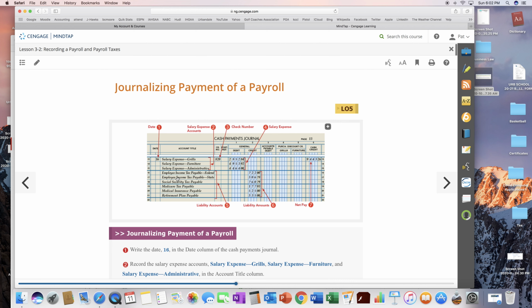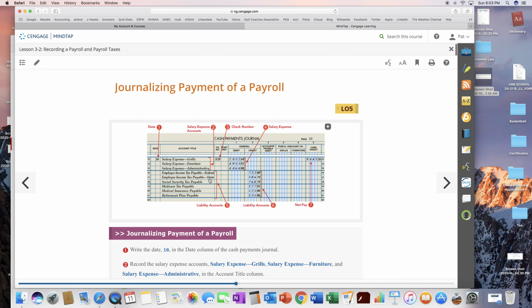We have all these different taxes: employee income tax payable federal, employee income tax payable state. The federal employee income tax is when you look up the married, single charts with the allowances. So that's what's going to be called employee income tax payable federal.